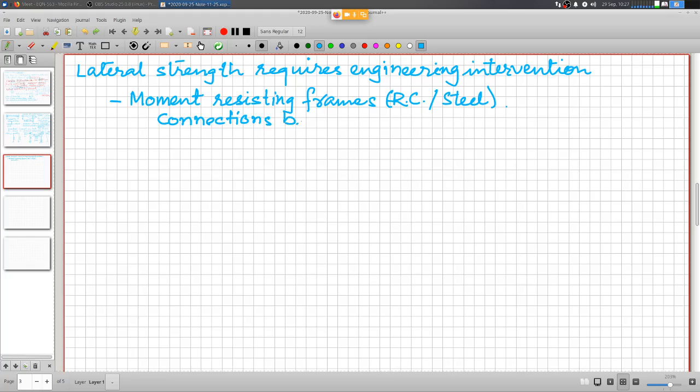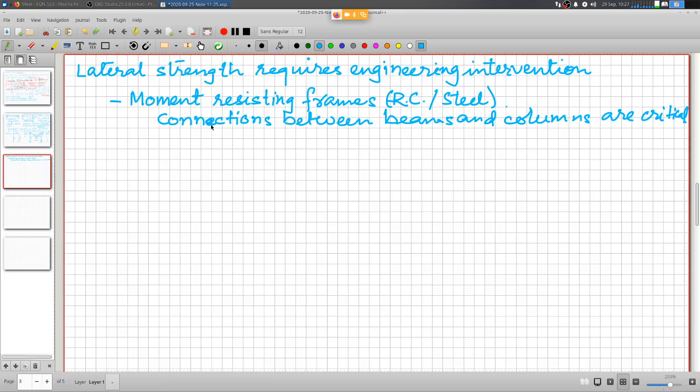Connections between beams and columns are critical. Right?